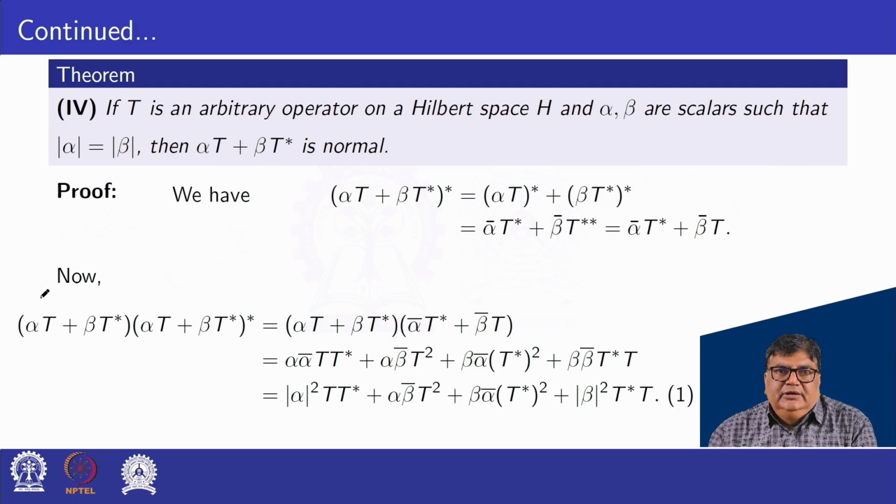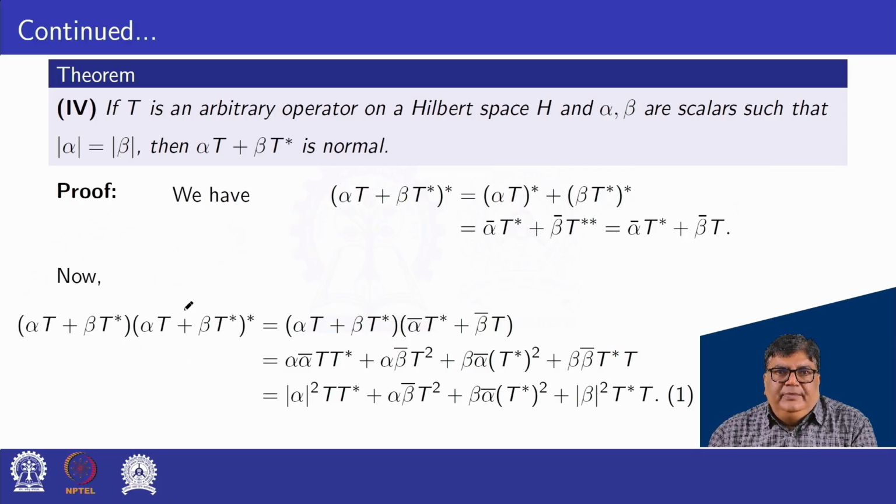That is, first we solve the value of alpha T plus beta T star into star of alpha T plus beta T star. So what is the value of this?